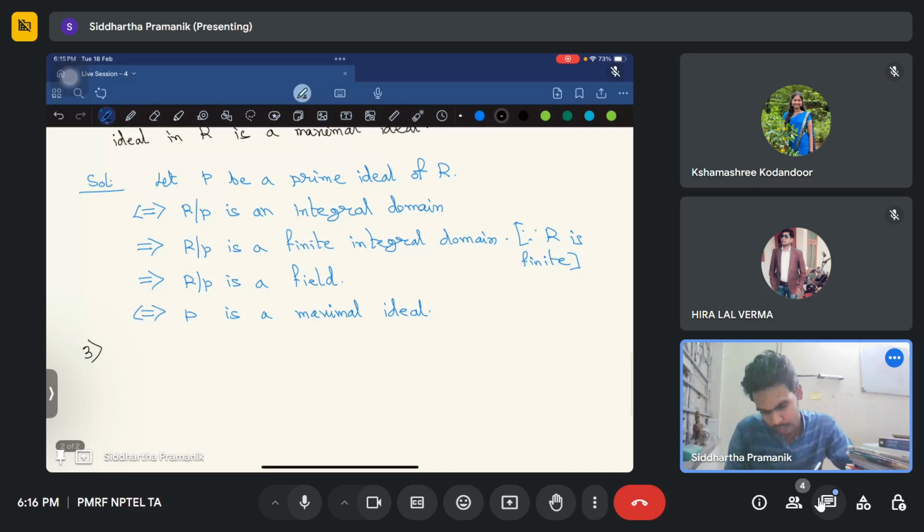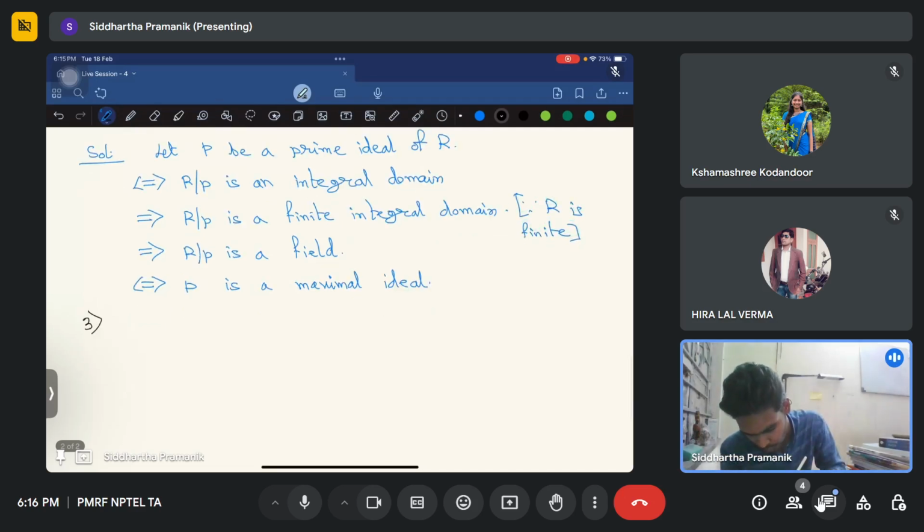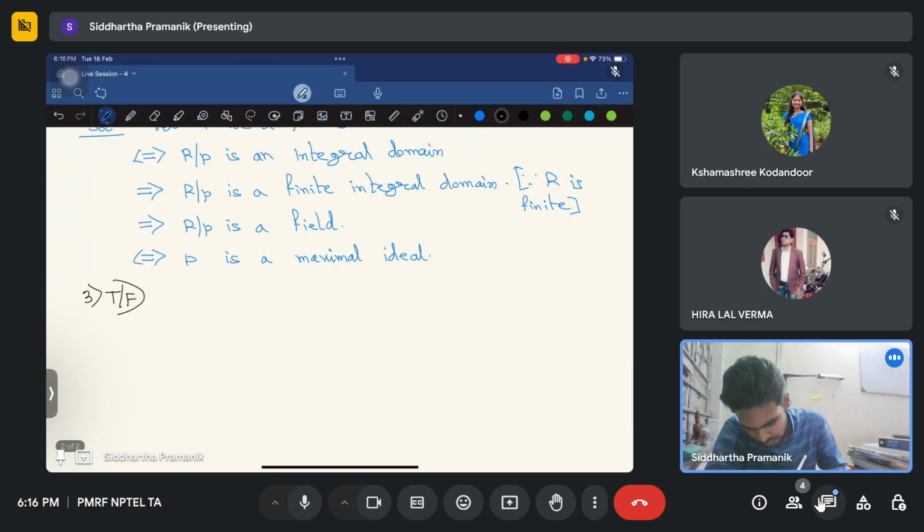So the next one is true or false. You have to determine which one is true and which one is false, or otherwise. Let me write: which of the following statements are true.